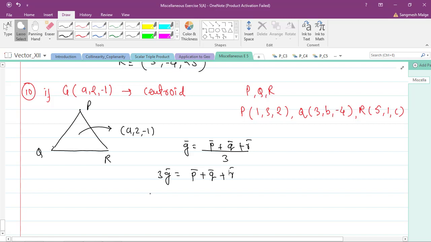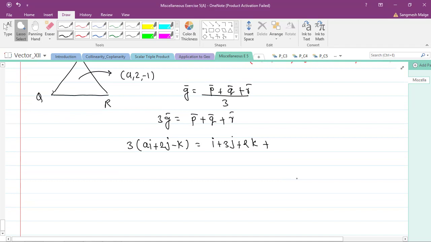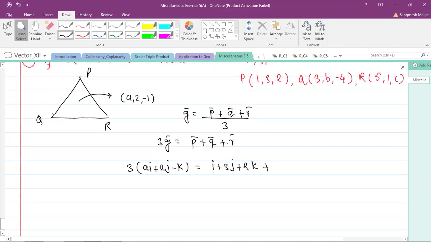Now let's substitute the values. 3 into G bar is what? It is ai plus 2j minus k, which is equal to P, which is i plus 3j plus 2k, plus Q, which is 3i plus bj minus 4k, plus R, which is 5i plus j plus ck.